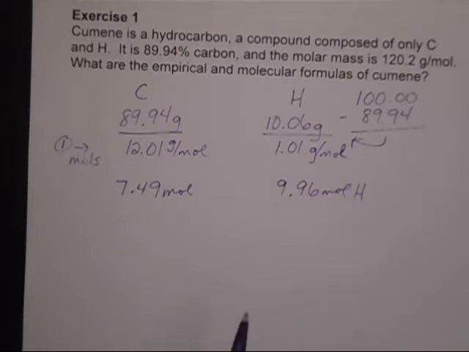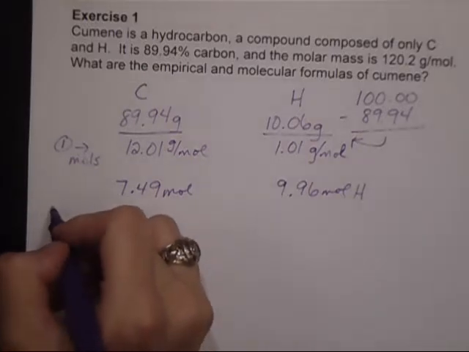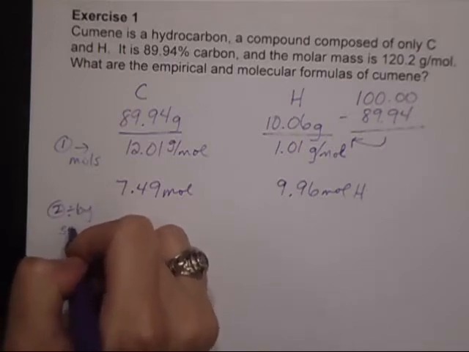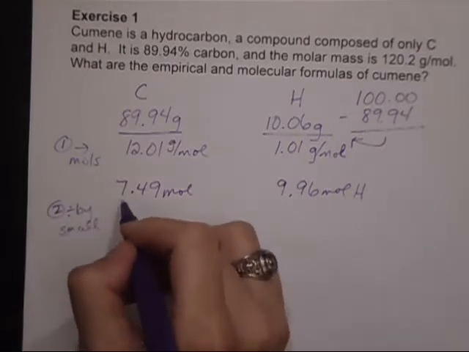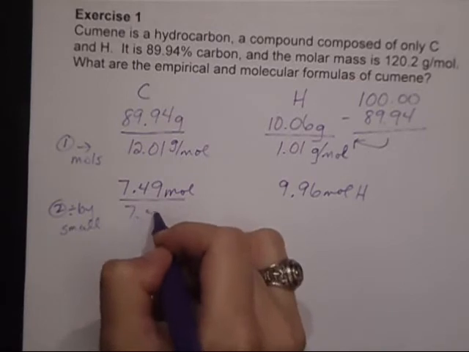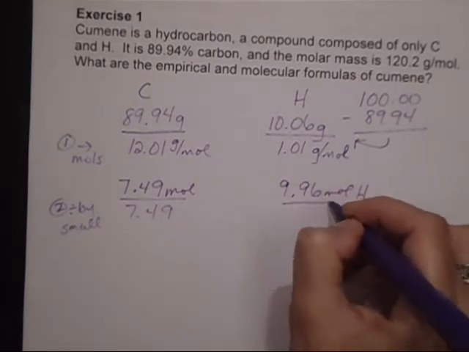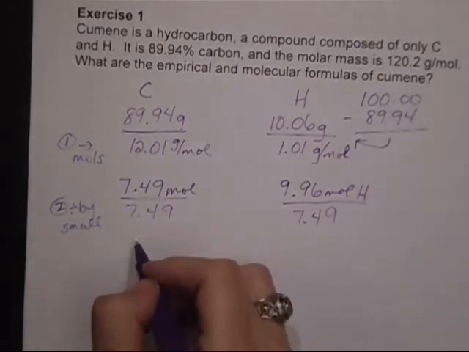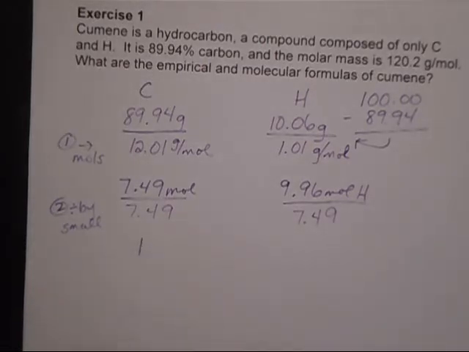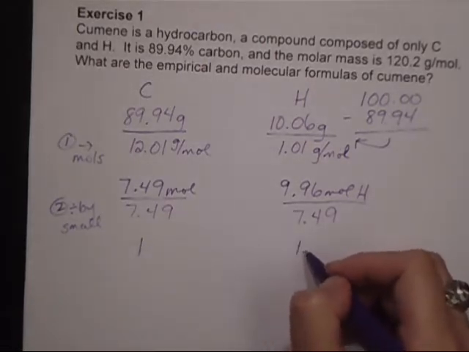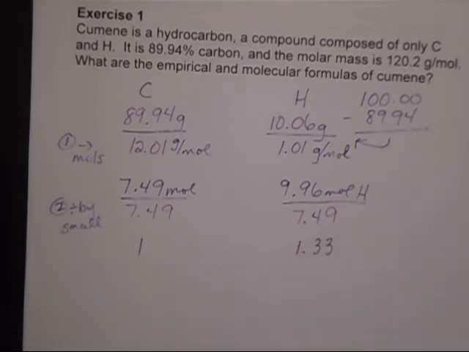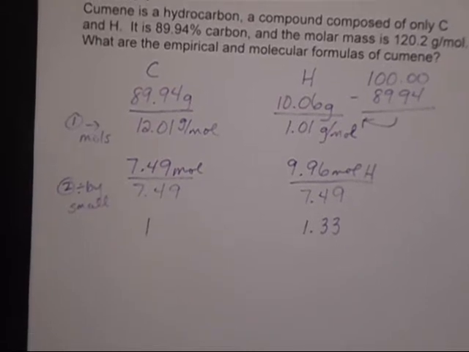Alright, so the value that's the smaller of these two, second, divide by smallest. Divide both of these by 7.49. And then I get a ratio of 1 for the carbon to 1.33 for the hydrogen. Oh, lo and behold, that's the one we just sort of did.